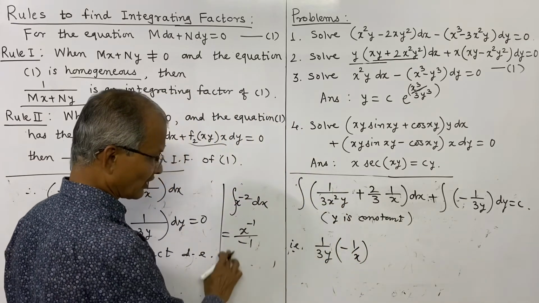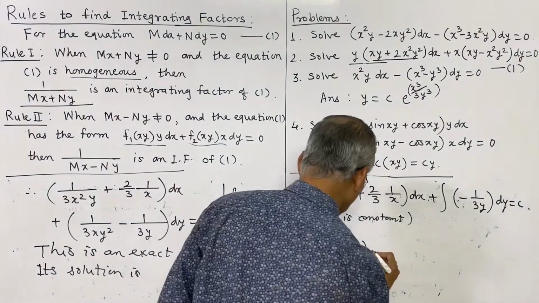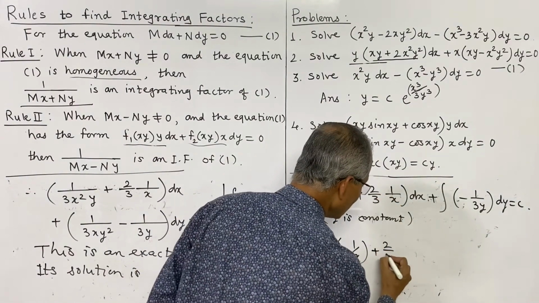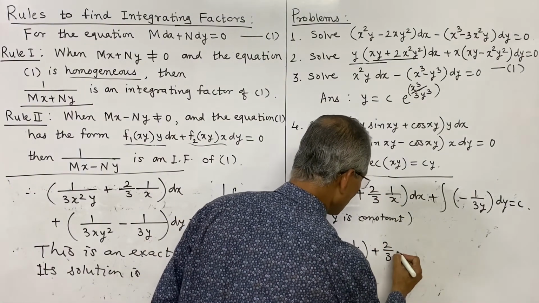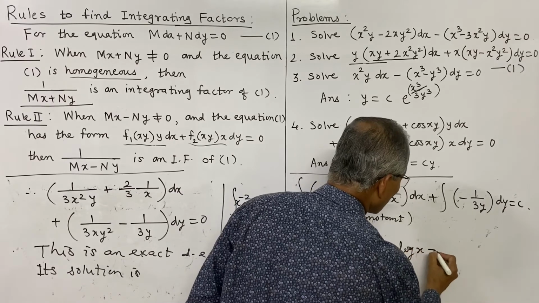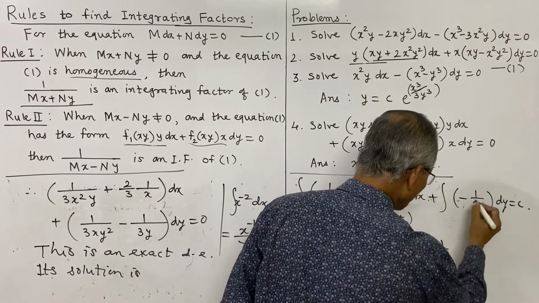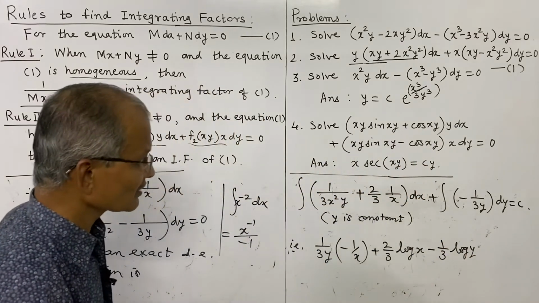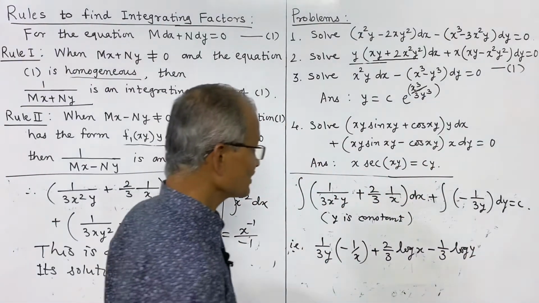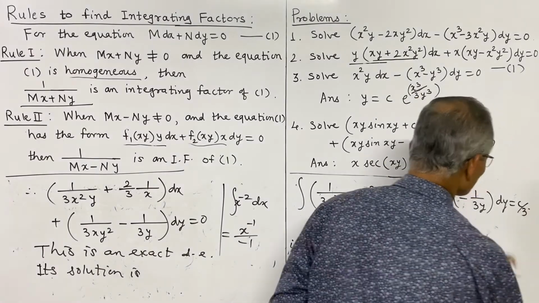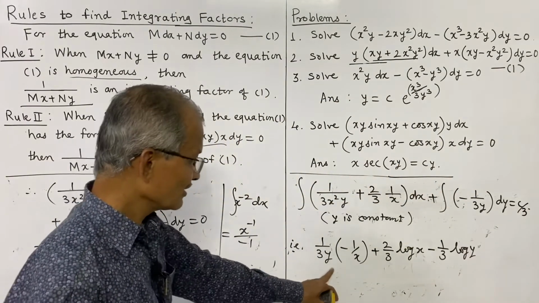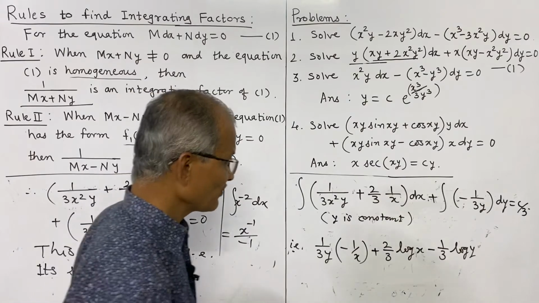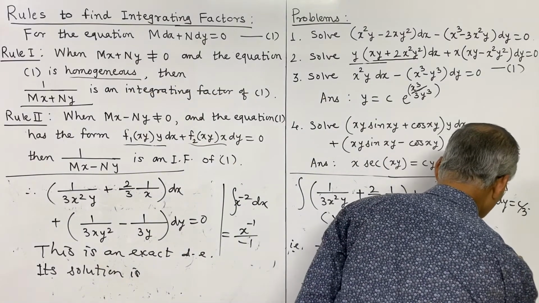And plus this is 2/3, integration of 1 by x is log x, and minus 1/3 integration of 1 by y is log y. And the constant we may write, instead of c, I shall write the constant as c by 3, because this 1/3 fraction can be cancelled out.